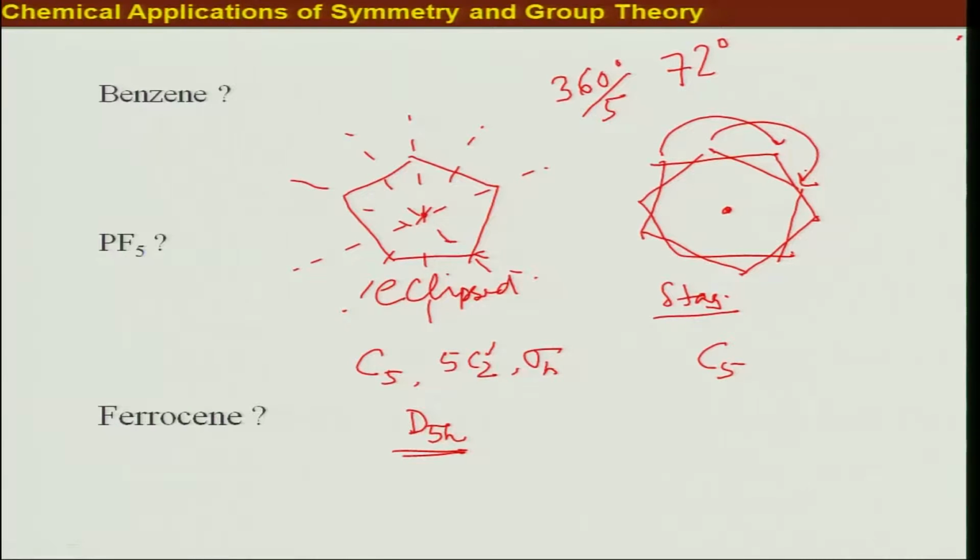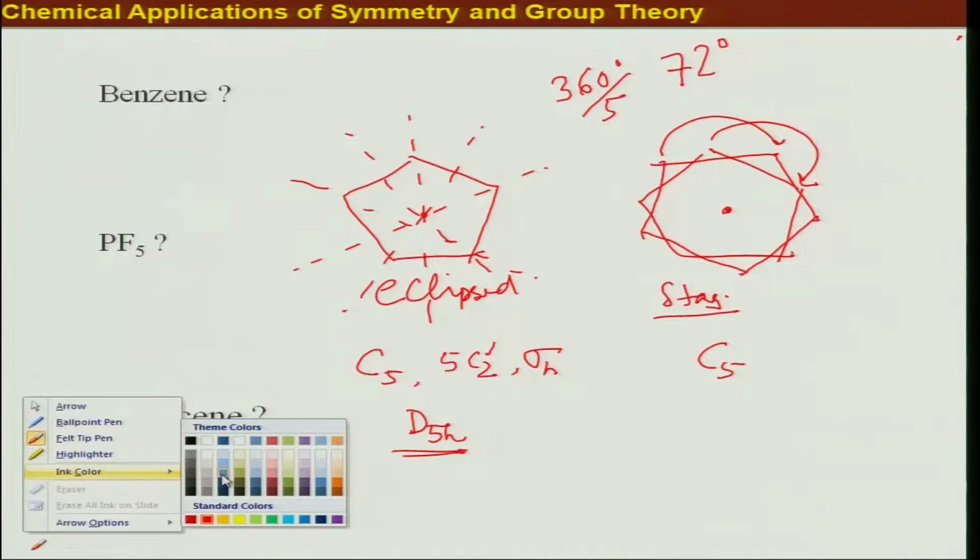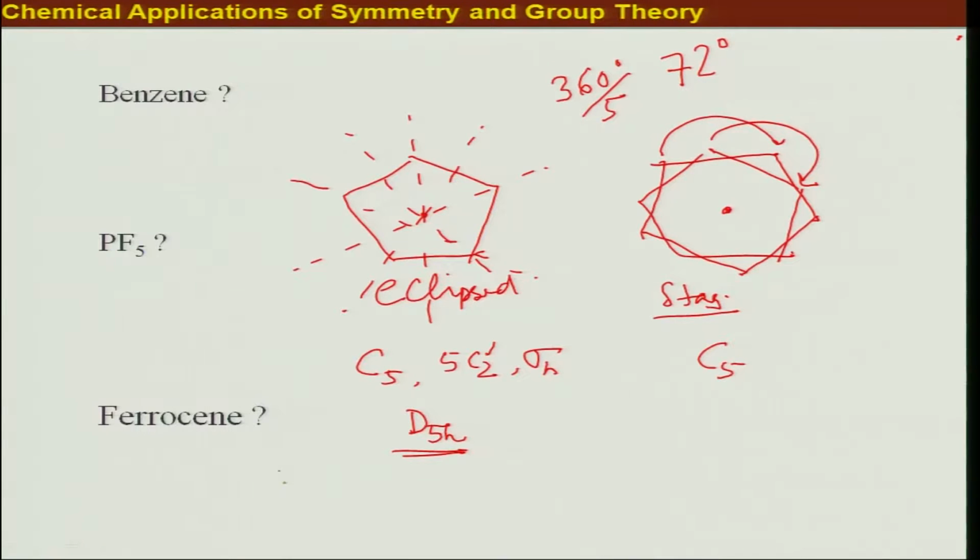Now, what about perpendicular C2s? Let me use another color so that I can separate this. Let me use something like green.